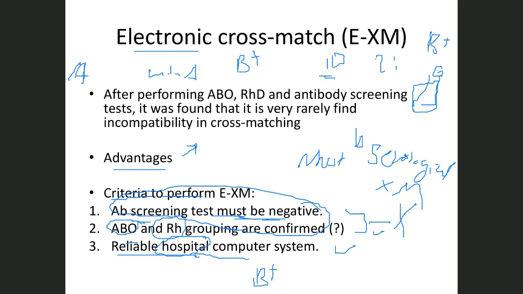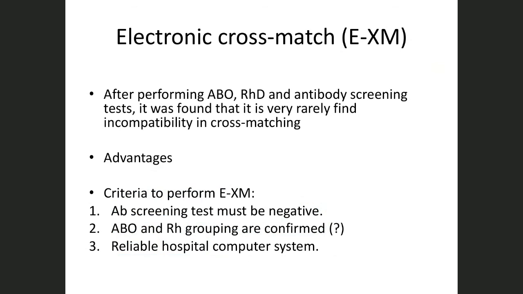Even with indirect, it is not possible with discrepancies. Like another example, if a patient is A positive, for example, but with anti-JK, can I use electronic cross? Excellent, I cannot.